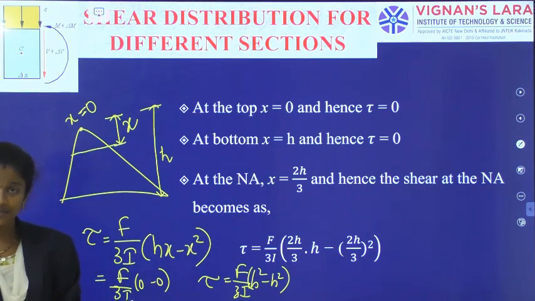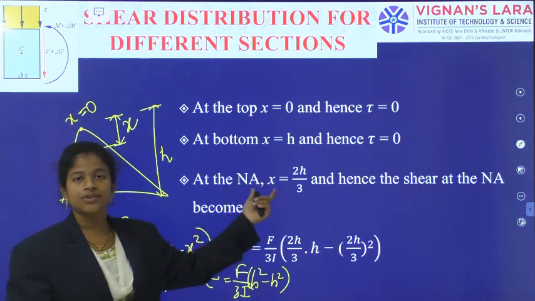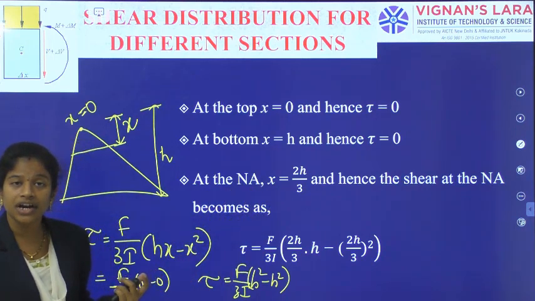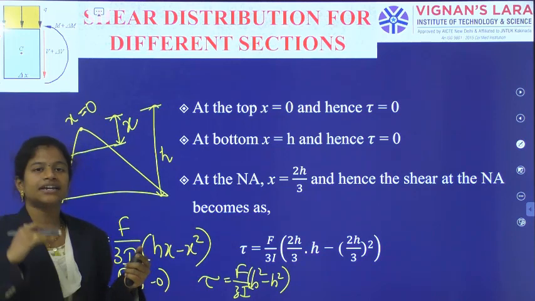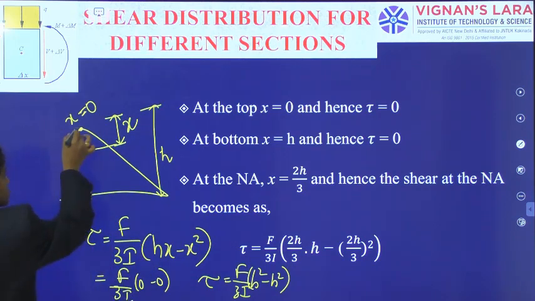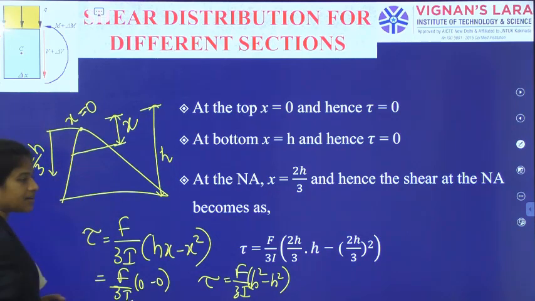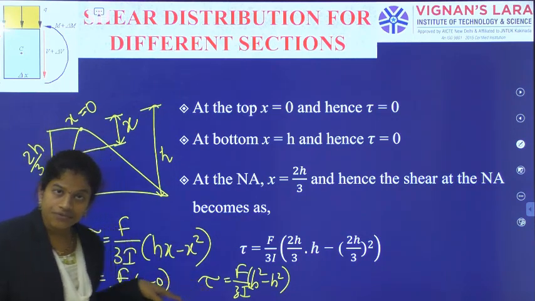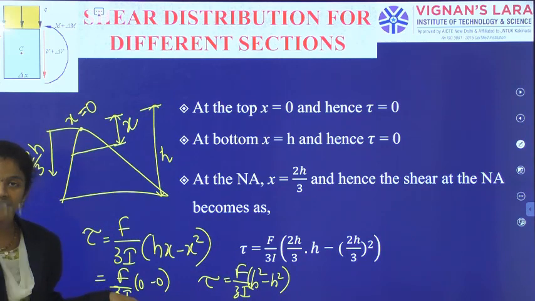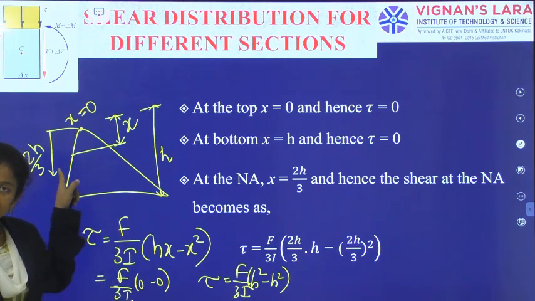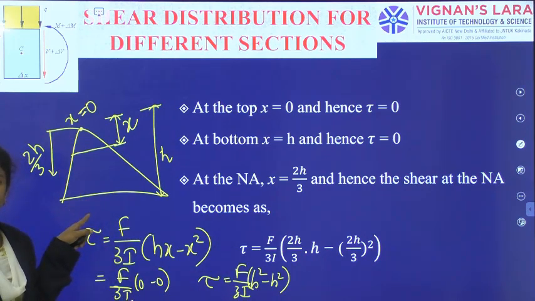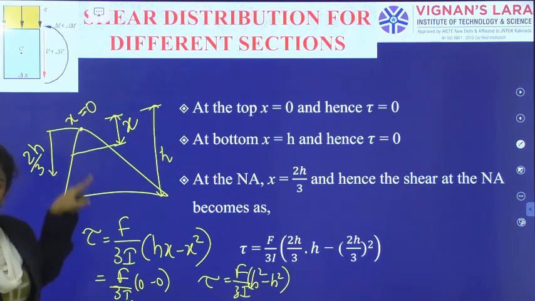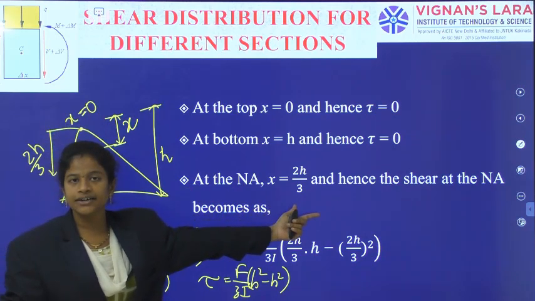Any other point left is at the neutral axis level, right? So now the shear stress at the neutral axis level. Where is the neutral axis located from the top? That is at 2h by 3. Again I have to substitute from the top only, because for our formula x should be measured from the top. So from the top edge, from the bottom edge, from the top, the neutral axis is at 2h by 3.